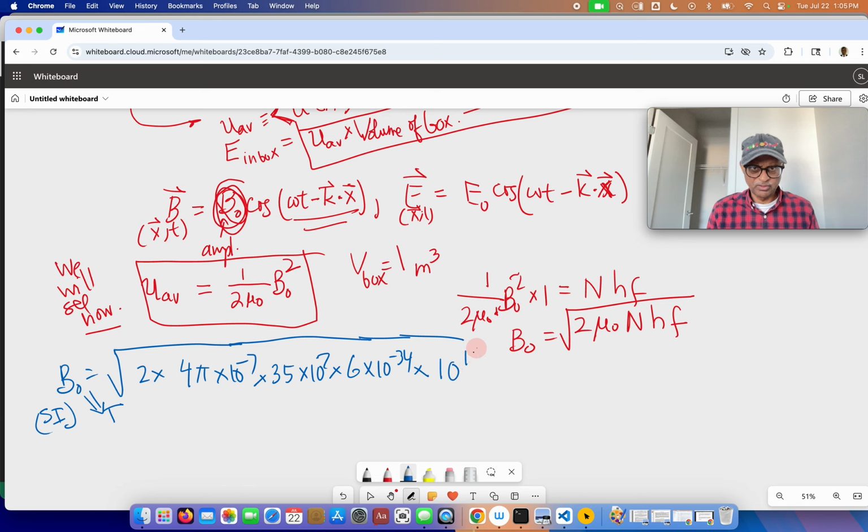10 to the power 15, and for pi you're supposed to use 22/7.